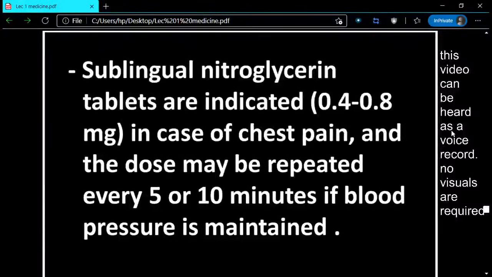Only 0.5 milligrams in case of chest pain, and it should be repeated. Sublingual nitroglycerin until the pressure is maintained.